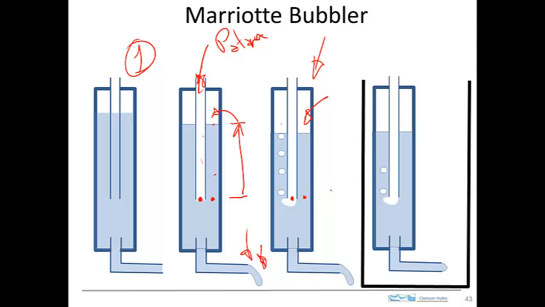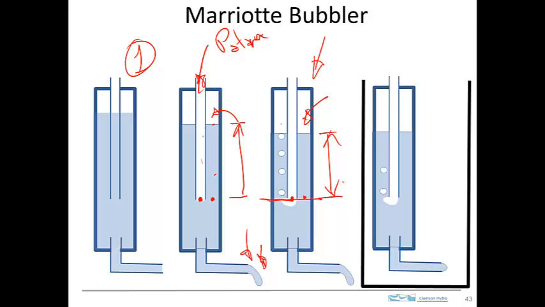It'll be less than atmospheric pressure, and the pressure head up in this chamber will be equal to that much negative pressure head, or the suction up there in the headspace. Okay, and so as long as we have bubbles coming out, it means that the pressure at this point right at the bottom of the tube is held at atmospheric pressure. Okay?